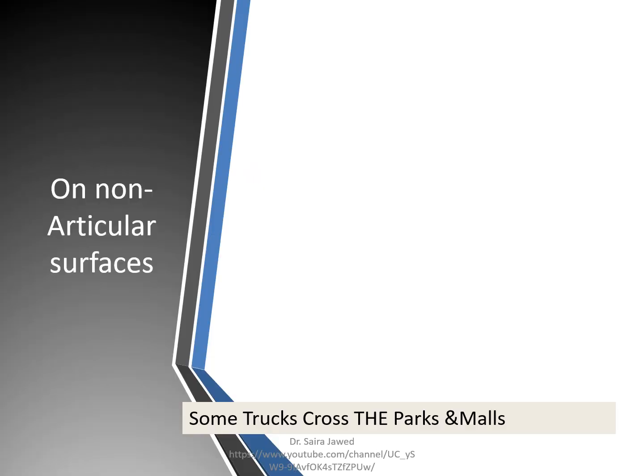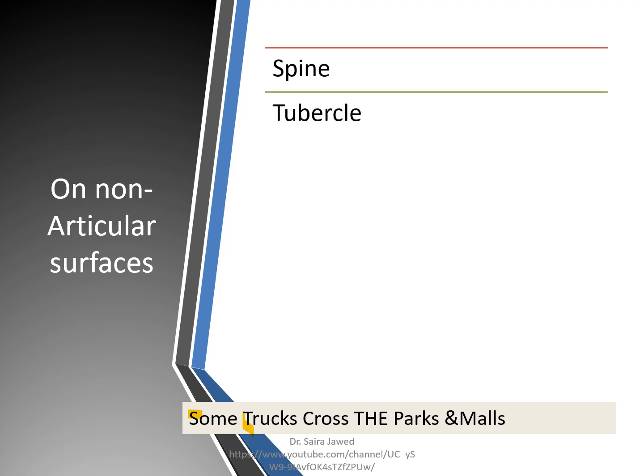The impressions on the non-articular surfaces can be remembered with the help of the mnemonic some trucks cross the parks and malls, where S indicates spine, T indicates tubercle, C indicates crest, and the alternative names for crest are line and ridge.